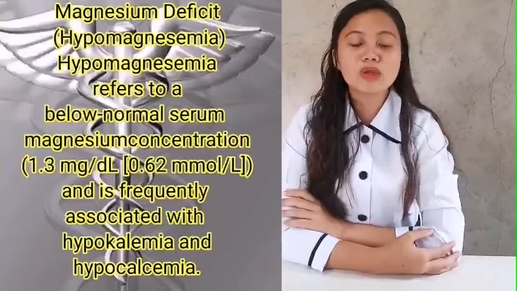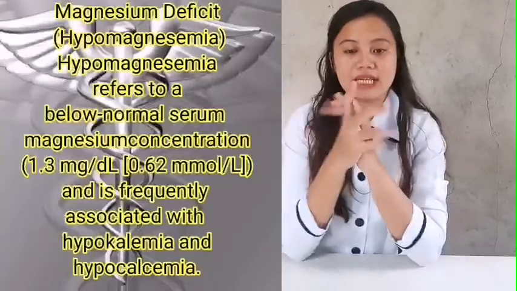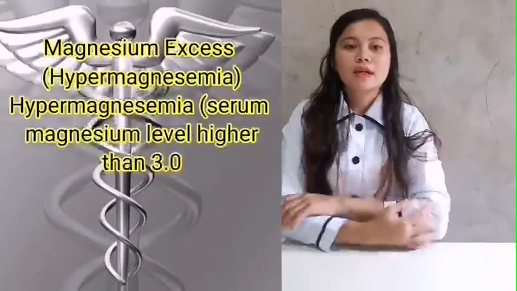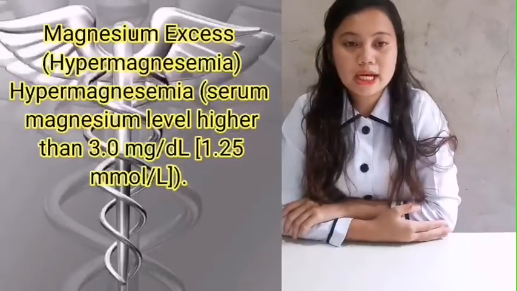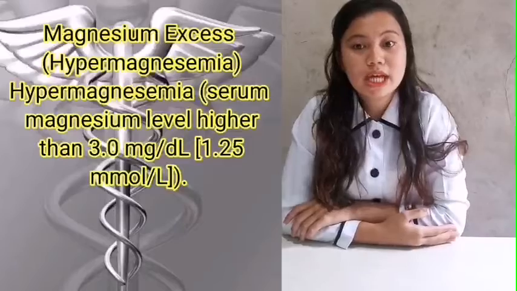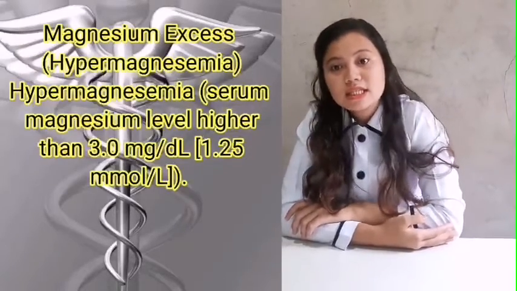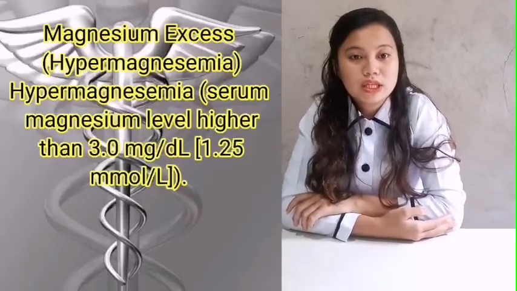Next, magnesium excess, hypermagnesemia. Hypermagnesemia is a serum magnesium level higher than 3.0 mg/dL, or 1.25 mmol/L.